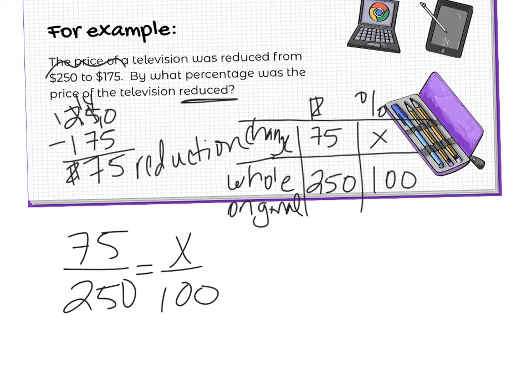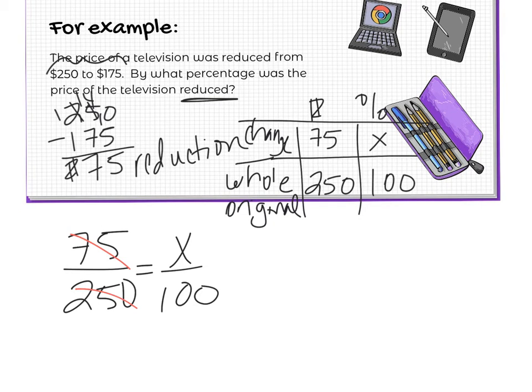So let's look. I can't multiply, well, maybe you divide 250 by something to get 100, but I can simplify this. A lot of times I'll start by simplifying if I can, because that might get me closer. I know 25 goes into 75 3 times, so I'm dividing by 25 to simplify this fraction.